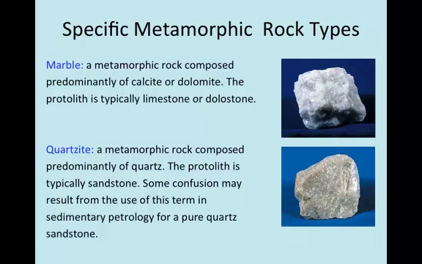And it's simply, in my example from a previous lecture, resulting from a recrystallization and coarsening of the carbonate grains. If you're starting off with a relatively pure sandstone that's comprised mostly of quartz, you metamorphose that, and that's going to recrystallize and form what's called a quartzite.